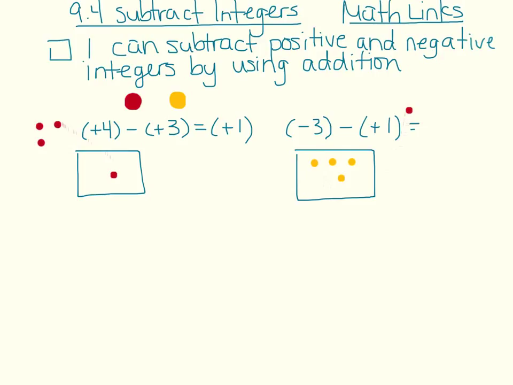But today what we're going to do is look at a different way of dealing with integer subtraction, and it's through using addition. I want you to take a look at these questions, and I want you to consider this. What happens when we have positive 4 plus negative 3? I start with positive 4 chips.